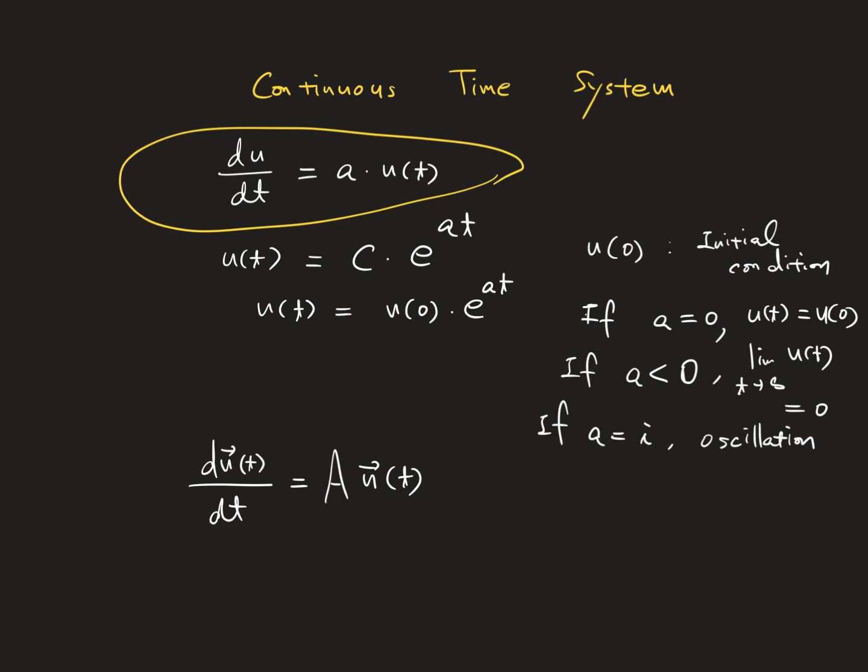But right now u is a vector with n variables, A is n by n, and the initial condition vector u_0 is given.